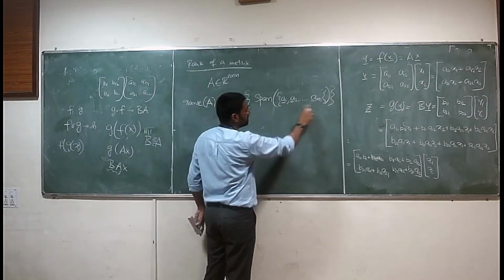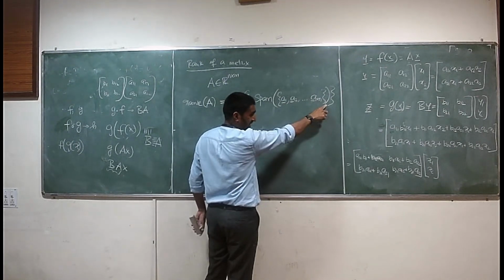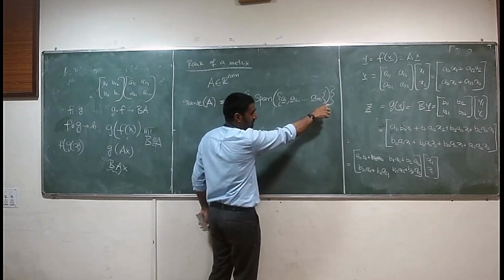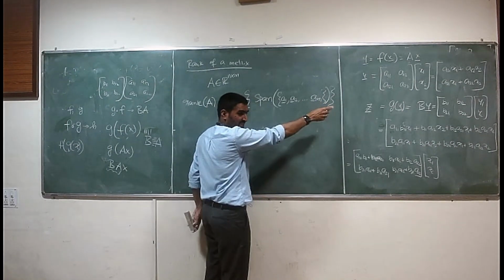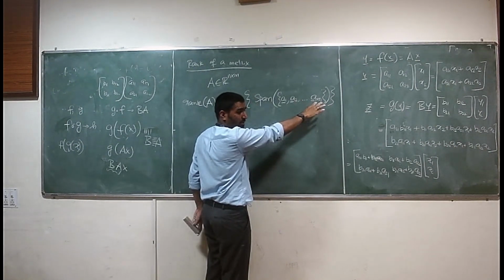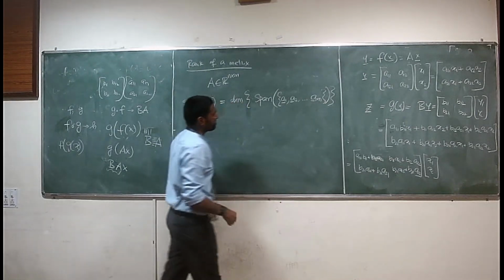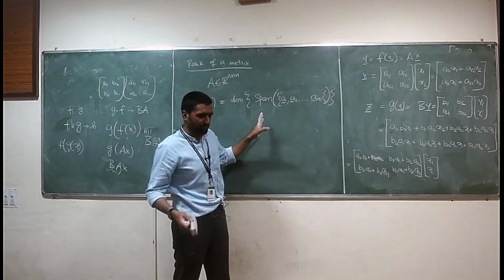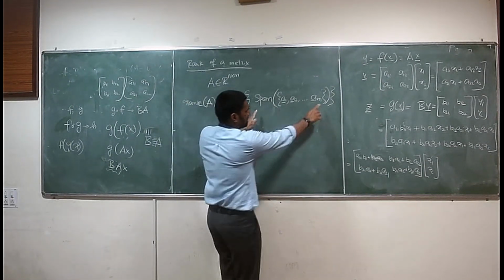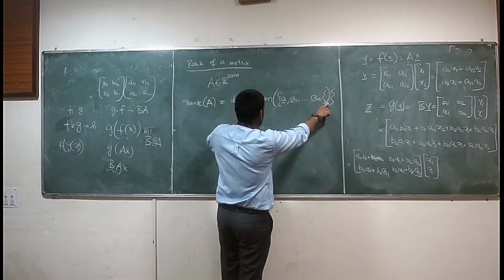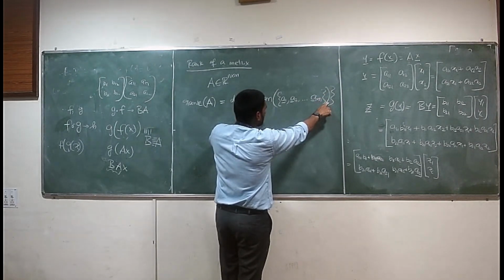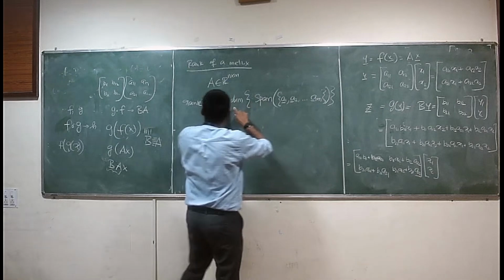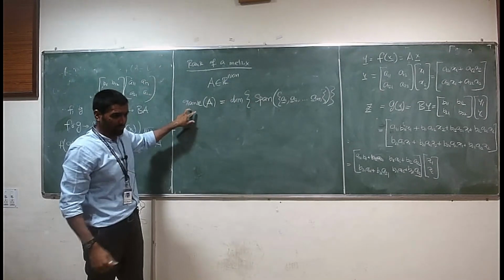So the span of the columns of A is simply the set of all possible vectors you could generate by taking linear combinations of the columns of A. Whenever you take a span of a set of vectors, you do get a subspace, a vector space. And the dimension of that vector space is what is defined as the rank of a matrix.